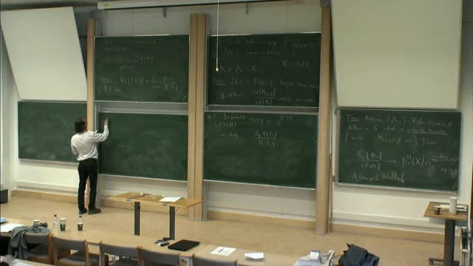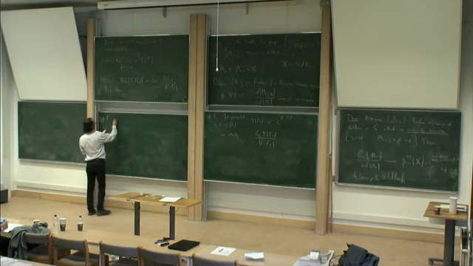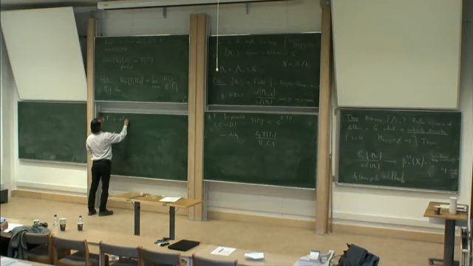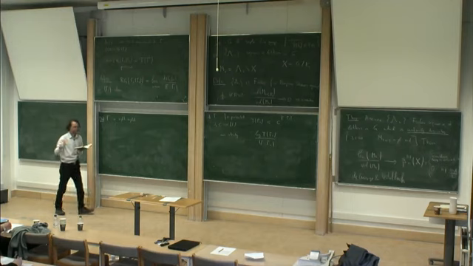So this is a definition: right-angled groups. A group gamma is right-angled. This is not the same as a right-angled Artin group.